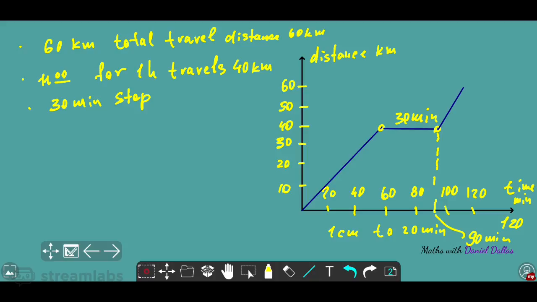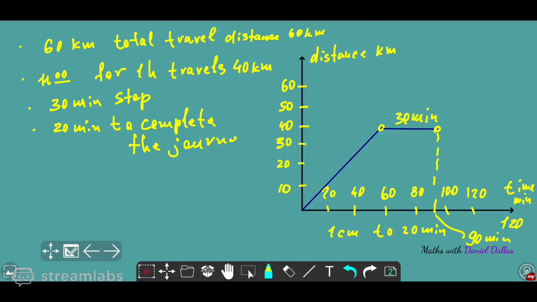And what about the time? No, the time. Because we need to know where the point is. Because the next statement, 20 minutes to travel finally, to complete the journey. No, I mean, what's the time?